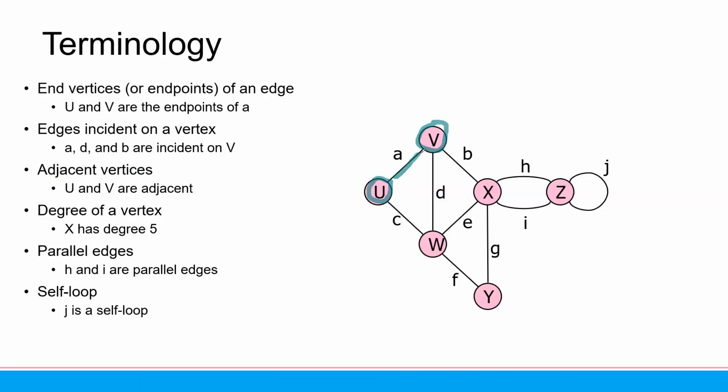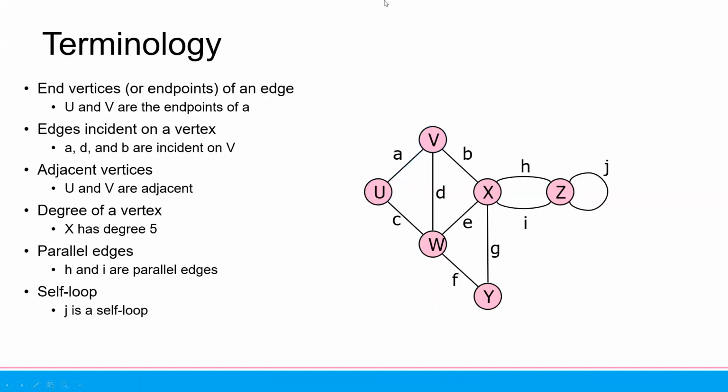Because we have one edge in between U and V. U and X, are they adjacent? No. Okay, because there is no direct edge. If we have a direct edge, for example, W and Y, are they adjacent? Yes. Okay.